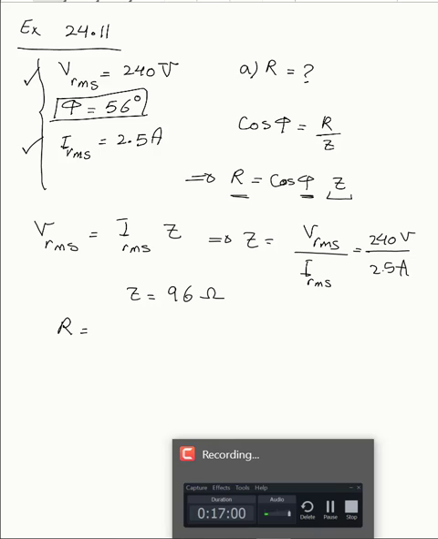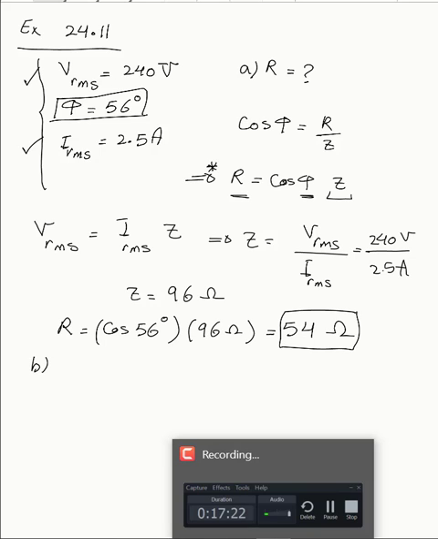Next, let's plug Z into this equation here. So R is going to be cosine 56 degrees times 96 ohms. If you calculate it, this is going to be 54 ohms for R.